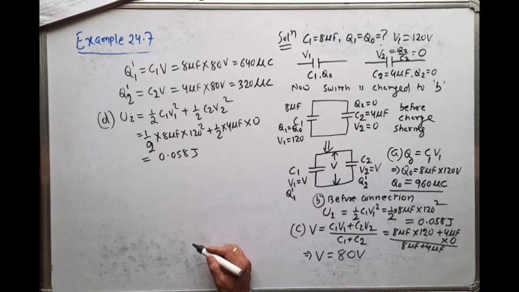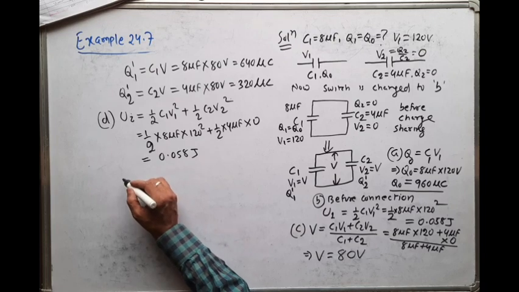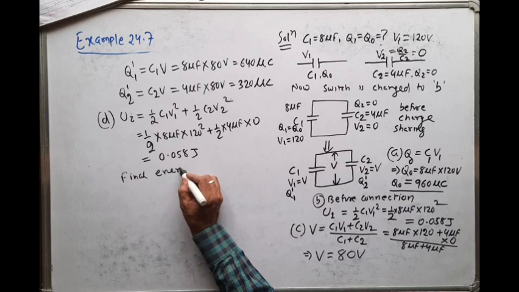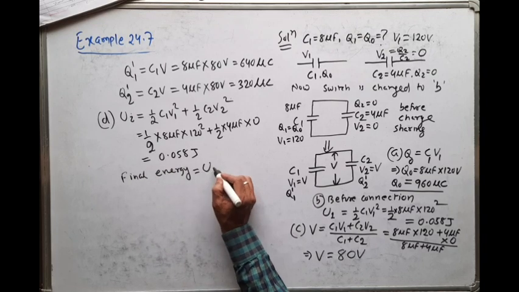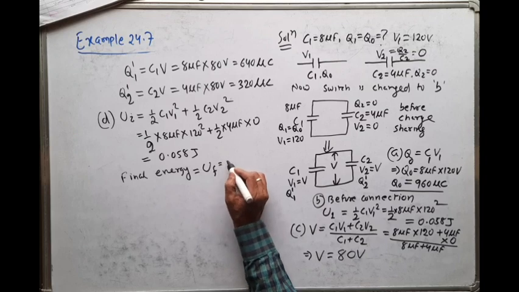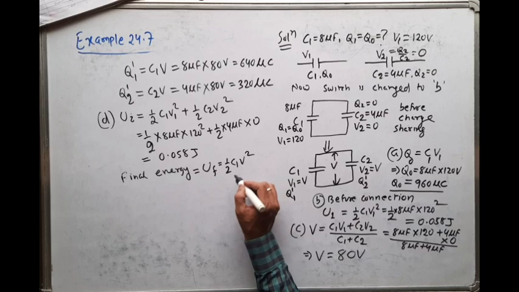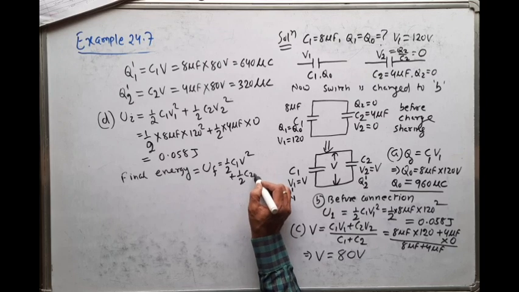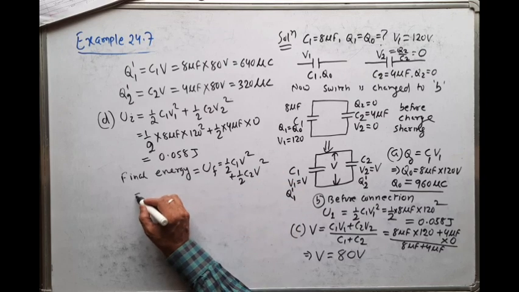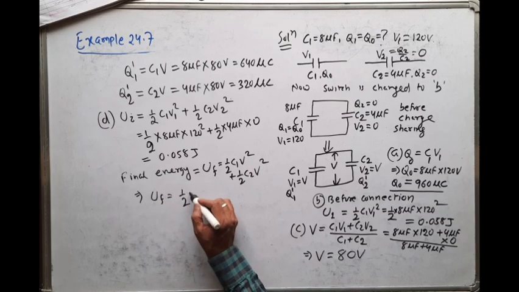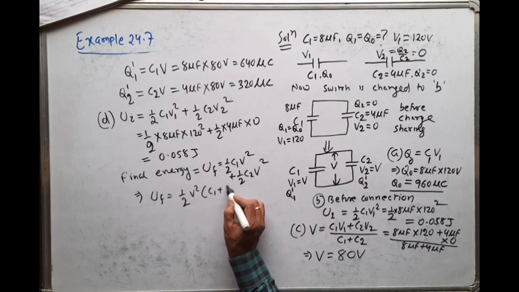Then we will find the final energy. After combination, the final energy UF is equal to half C1 into final voltage V square plus half C2 into final voltage V square. So the final energy is equal to half V square times C1 plus C2.